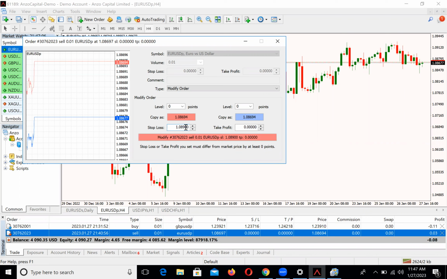What do we have? I'm still using the same entry price. Yes, the same trade entry price.